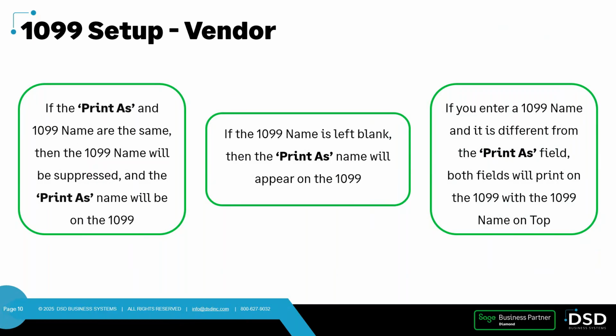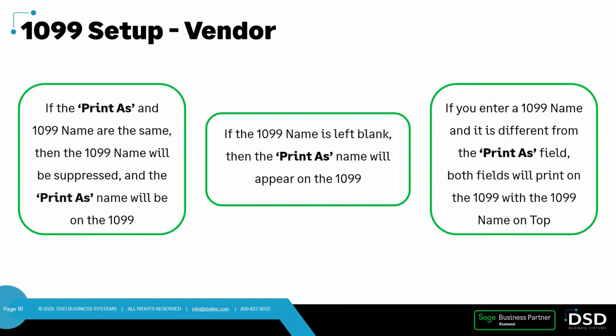Now here in the middle, if the 1099 name is left blank, then the print as name will appear on the 1099. Again, this makes sense because that is the name that is printing on your checks or your payments to the vendors. Now, if you enter a 1099 name and it is different from the print as field, then both fields are going to print on that 1099 form with the 1099 name at the top.